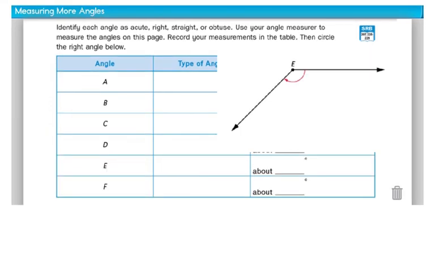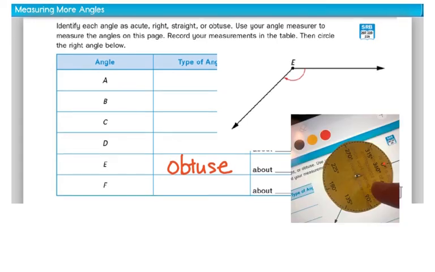Moving on to angle E. I can see that it is more than 90 degrees because if it were 90 degrees, it would be here and it goes even further. So we know that this would be an obtuse angle. Go ahead and write obtuse, and let's measure it.